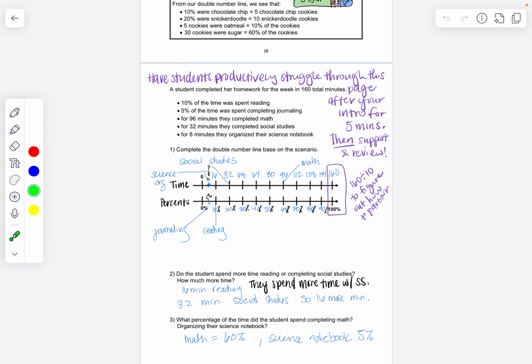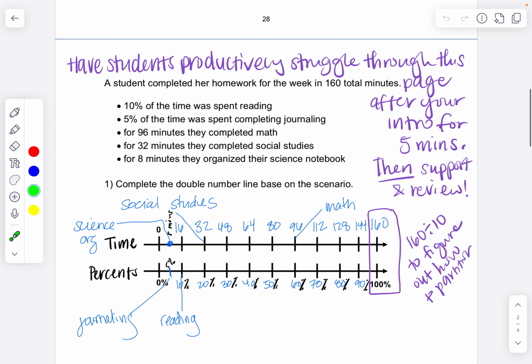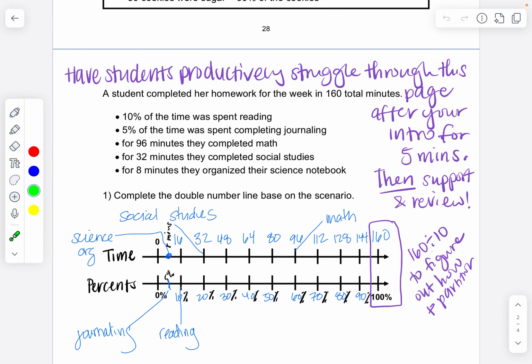but we will jump into this question based on how extensive your model was. So I want you to give students 5 minutes based on your intro to productively struggle through this page, right?